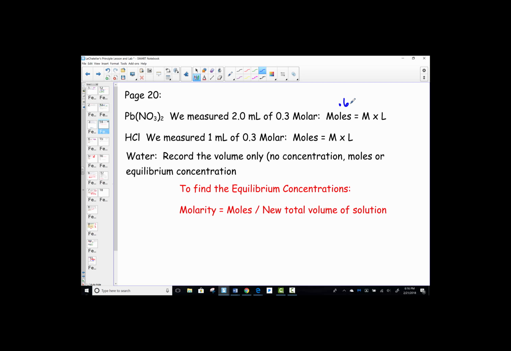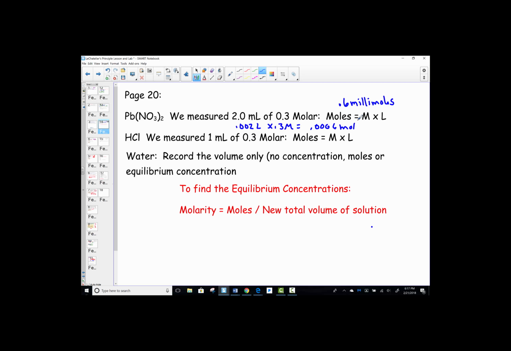I'd report that as 0.6, but I'm going to report it as millimoles because I used a milliliter. Now you can report that as moles by going 0.002 liter times 0.3 molar, and you'll find that value as well. So it doesn't matter to me. It's just I like millimoles because they're easier to work with. So this value is 0.0006.